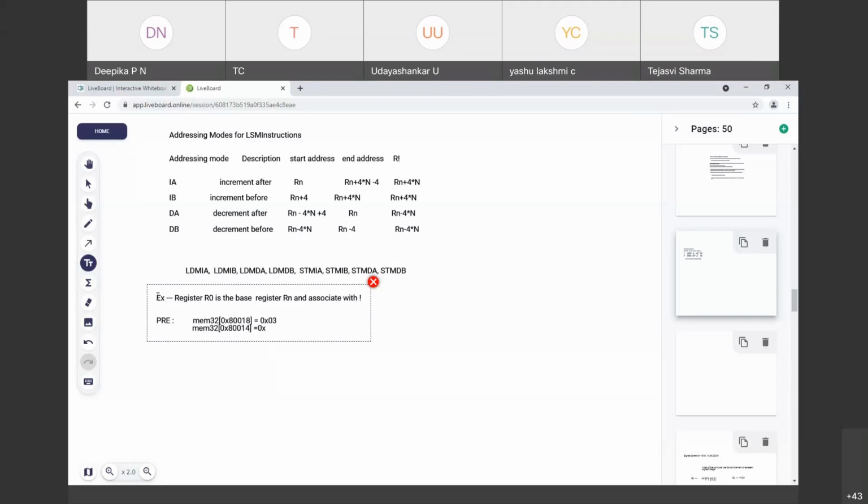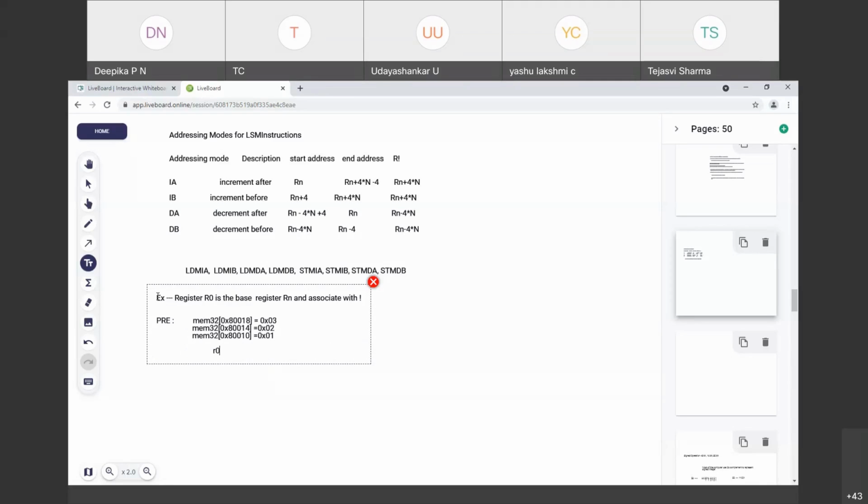Why is the difference 4? Because each location stores 8 bits, and four of them make 32 bits. So I store another value, 0x02, at memory address 0x80010. So three different memory locations I have taken, and I stored the values 0x01, 0x02, 0x03, likewise.